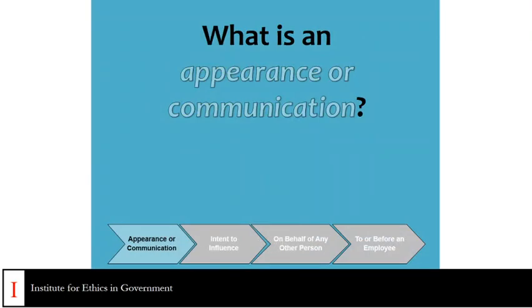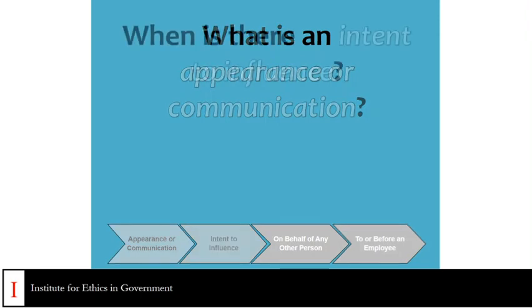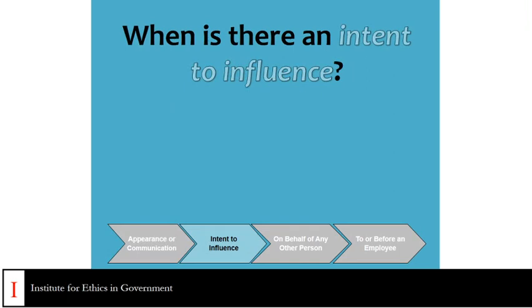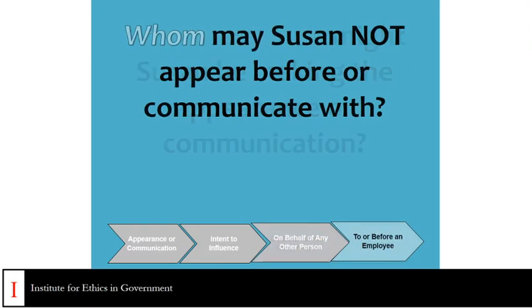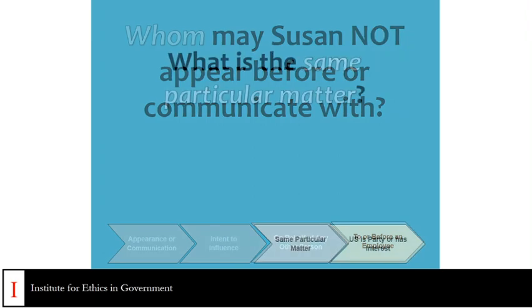With respect to what she may or may not do in a post-employment context, we're going to be talking about, so what is an appearance or communication? When is there an intent to influence? On whose behalf might Susan be making the appearance or communication? Whom may Susan not appear before or communicate with?